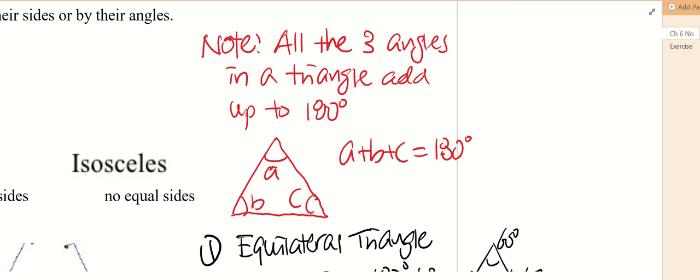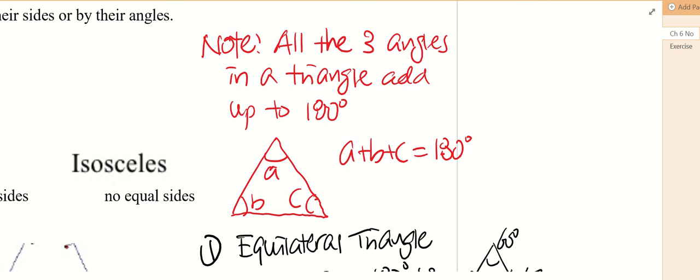It can be isosceles, equilateral, or obtuse. All three angles inside the triangle add up to 180 degrees. I sketched a little triangle here with angles A, B, and C. For any triangle, A plus B plus C, the three angles add up to 180 degrees. If needed, please pause the video to take it down.